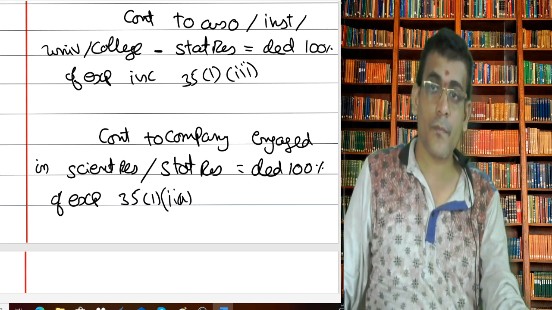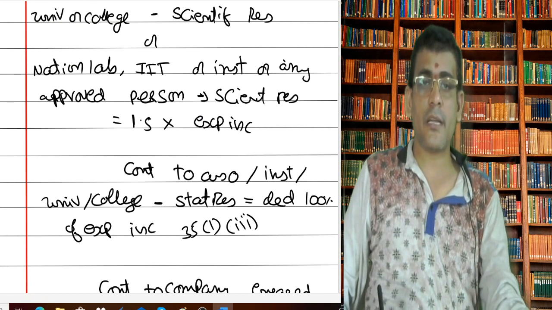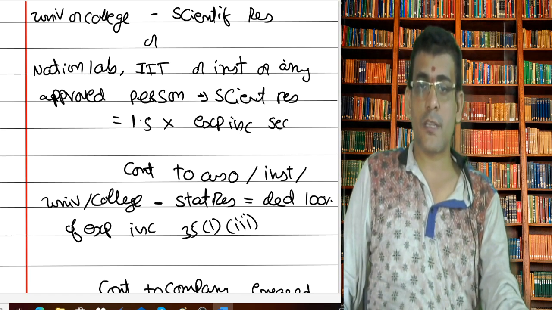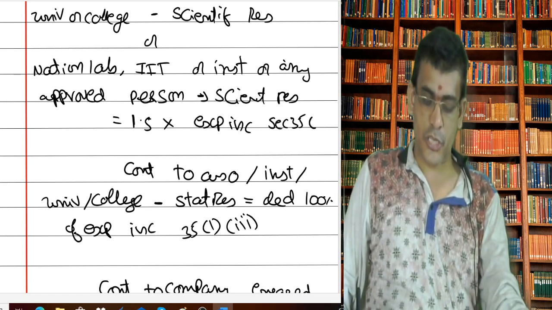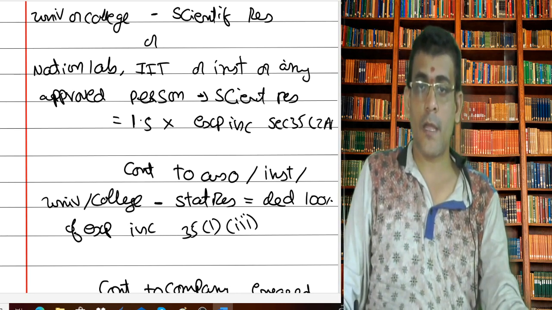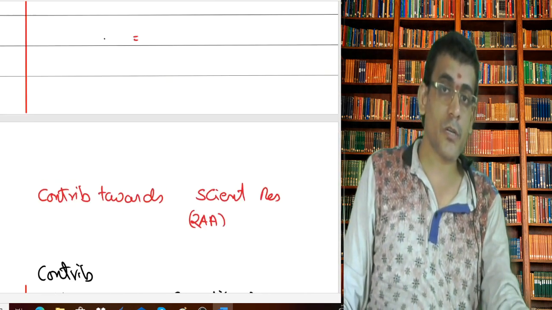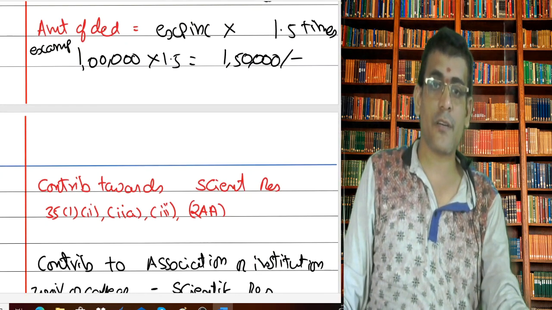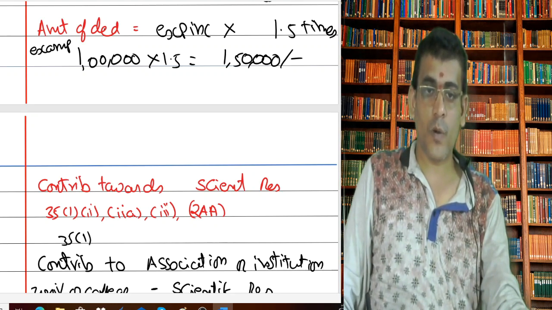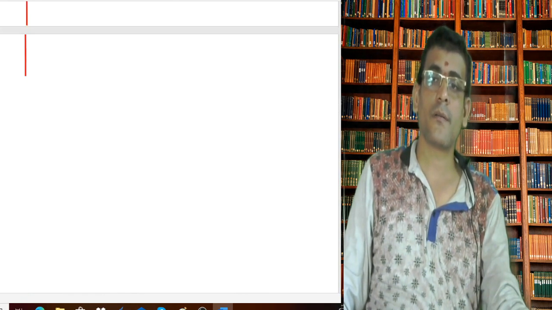And a national laboratory, IIT or approved person carrying on scientific research is covered as a part of section 35 subsection 2AA. Finally, any contribution to a university or institution engaged in scientific research is covered under section 35 subsection 1 clause 1. So those are the sections applicable for scientific research.